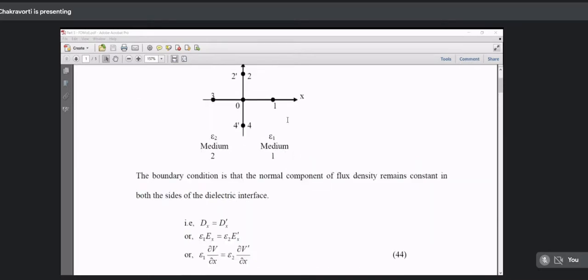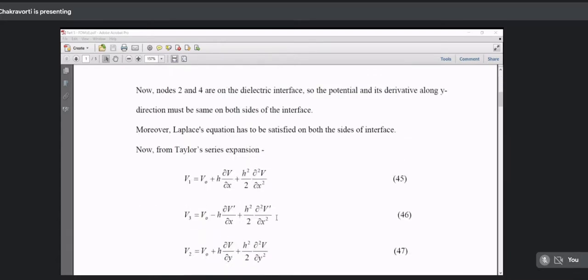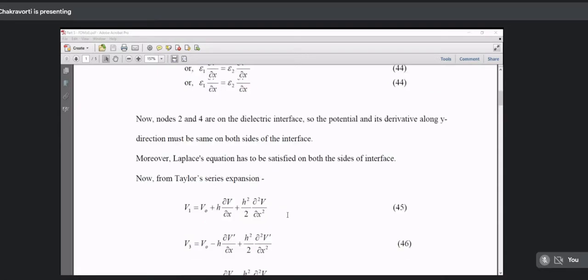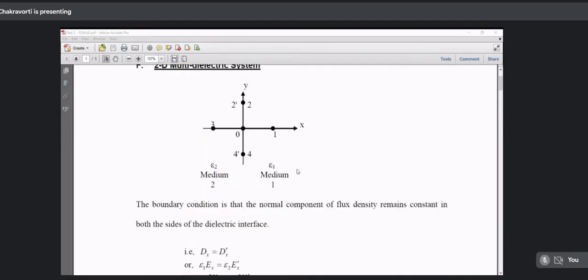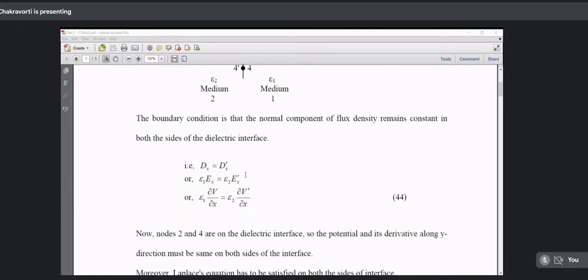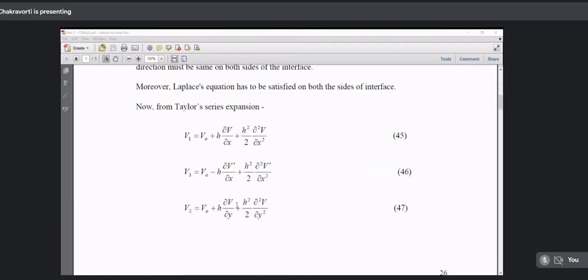After that, we write the nodal equation between 0 and 1. Here, between 0 and 1, my potential function is V, because 0 and 1 are in medium 1. Between 0 and 3, the potential function will be V prime, because this is medium 2. So in equation 46, V3 has potential function V prime.